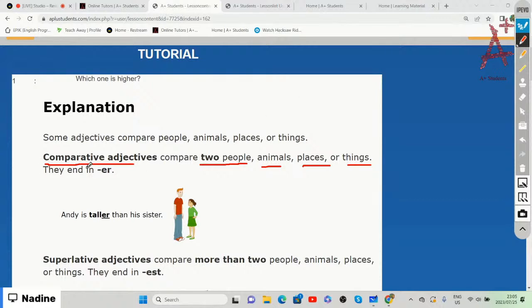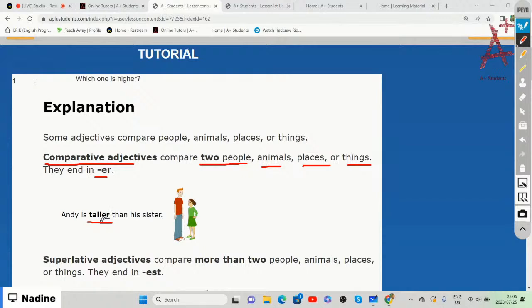And whenever you compare two things, our adjective will end in er. For example, say Andy is taller than his sister, and taller is the adjective that compares. As you can see, the word is tall.